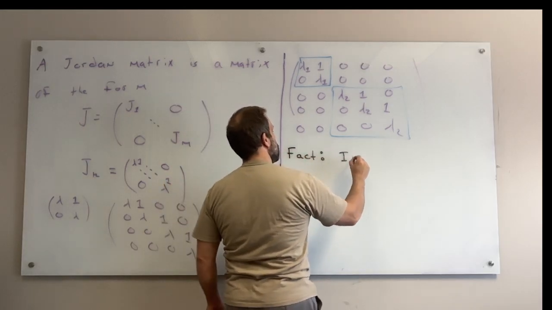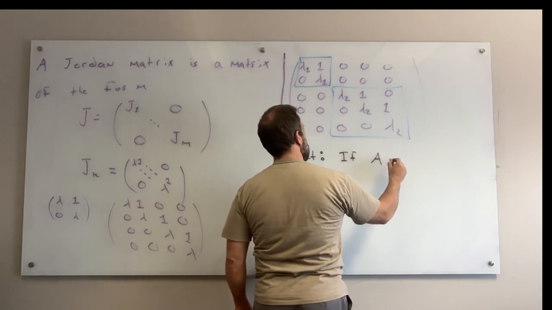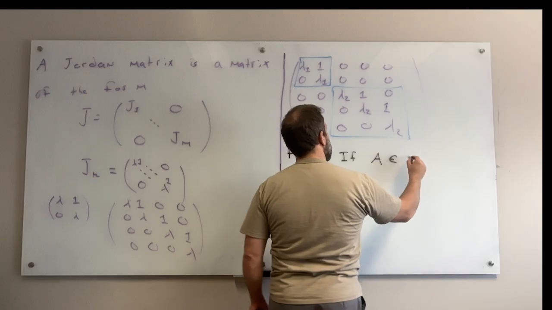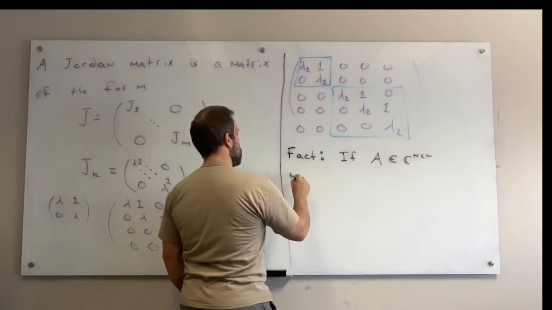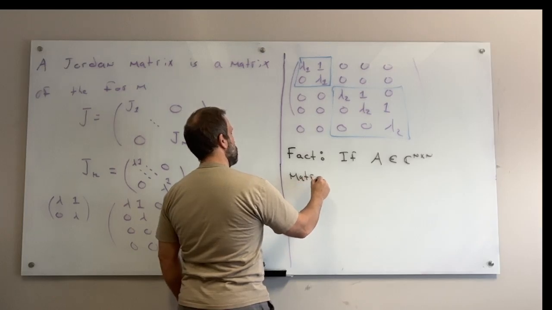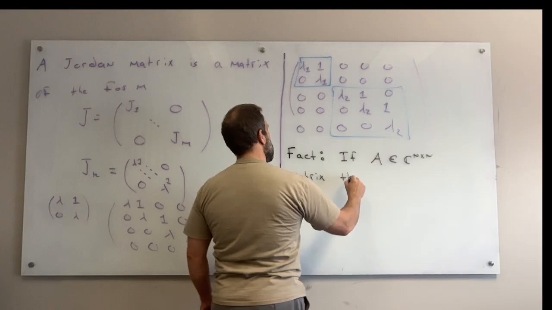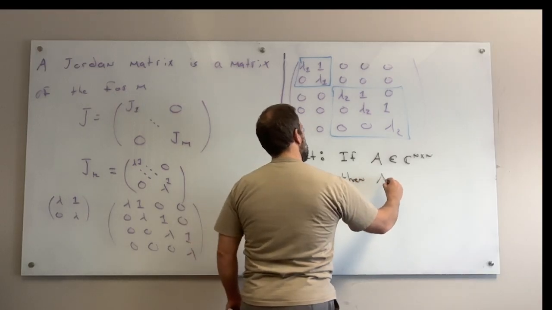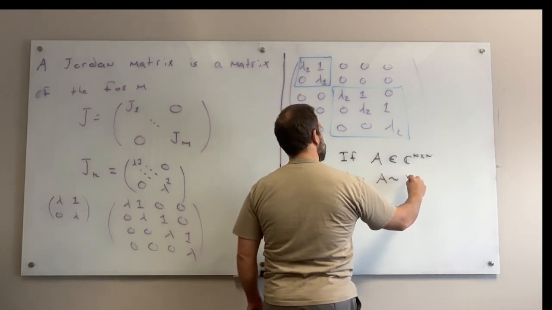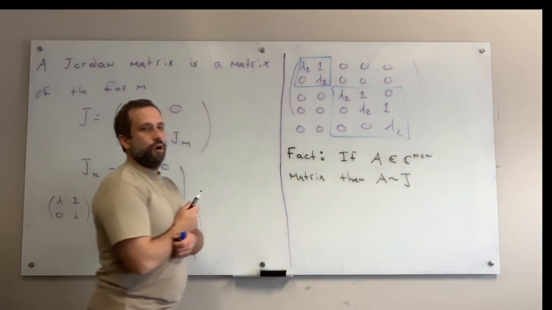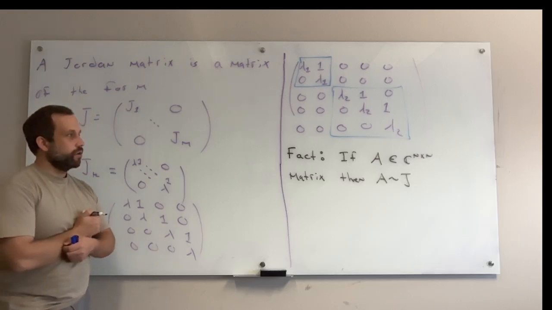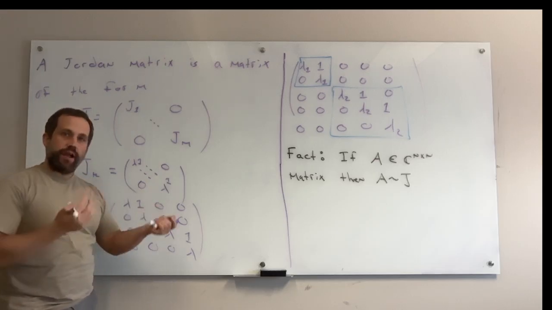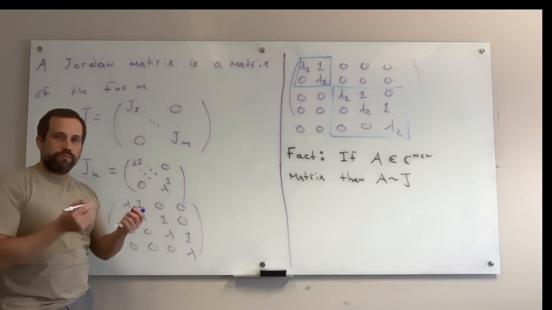If A is an n by n matrix, then A is equivalent to some Jordan form. So any matrix is equivalent, is similar, a similarity is an equivalence relation, so sometimes we say equivalent.